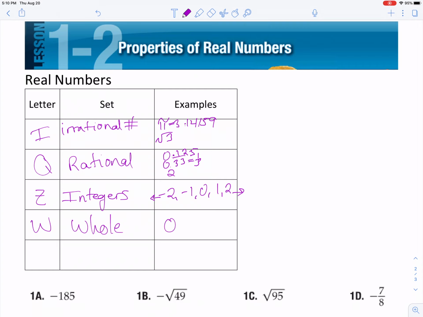That's going to start at 0, and then it's all positive whole numbers. And last but not least is natural numbers. Natural numbers start at 1, and then it just counts. You'll sometimes hear the natural numbers also called counting numbers because it's what you would count: 1, 2, 3, 4, 5, 6, 7, 8, 9, 10.